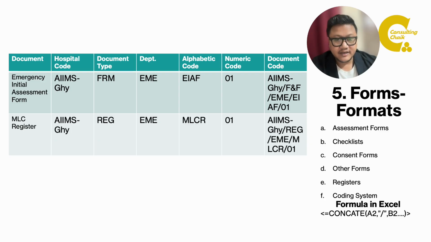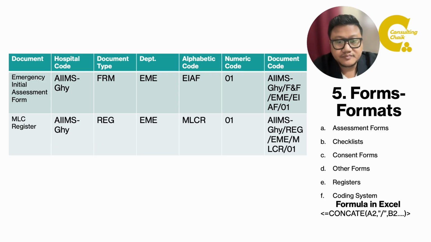So in coding system, I'll elaborate about this. What you need to do is you need to have an Excel where you write about the document name, the hospital code, document type, department, alphabetic code, numeric code, and then as per this formula, you arrive at a document code. Now let's elaborate.